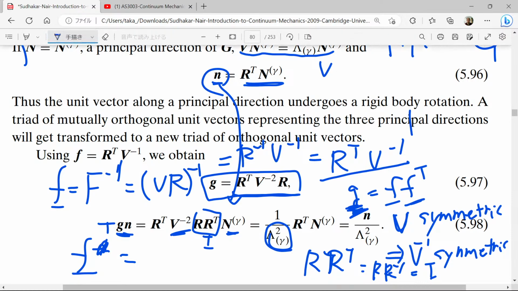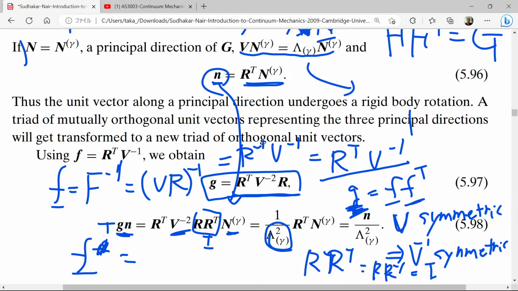I don't think this is so straightforward from here. V inverse N gamma goes like lambda gamma, 1 over lambda gamma N gamma.